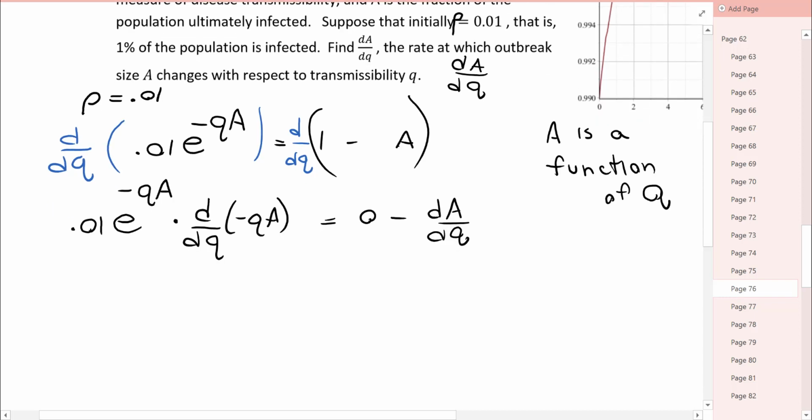Okay, so here we're going to have to use the product rule, right? Because we've got minus q times a, which is a function of q. So it'd be like if you had minus q times the sine of q or something.